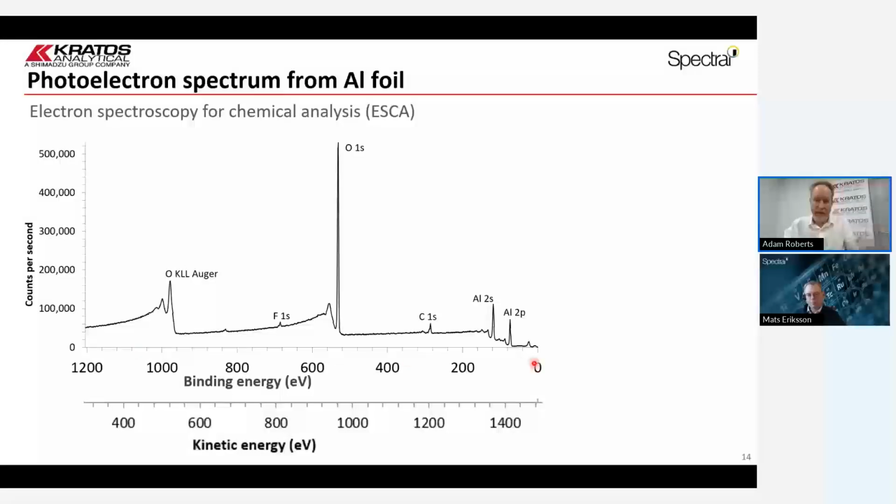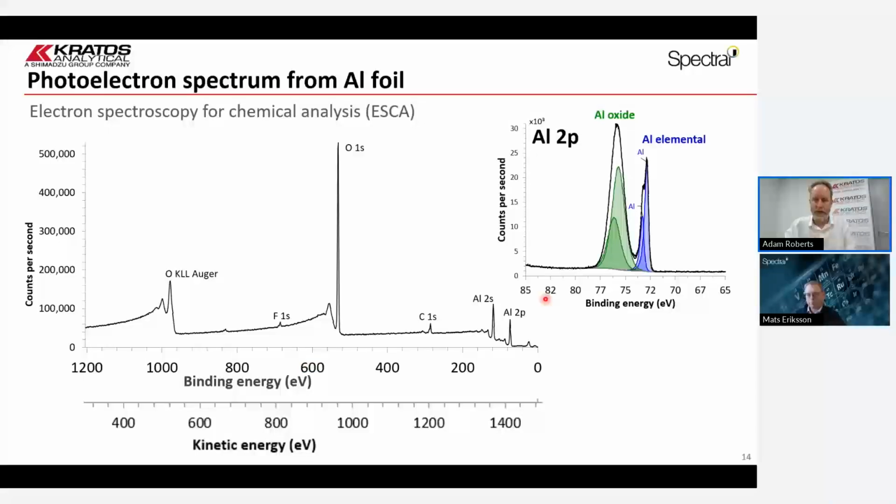So in the technique XPS, this survey scan may be enough to answer the question that we were trying to determine. In this case, we're seeing just a little bit of fluorine. That could be contamination of the surface that may prevent adhesion. So just very simple elemental information from my material may give me the answer I'm looking for. But the real super strength of XPS is its ability to determine the chemical information in the top 10 nanometers of the surface.